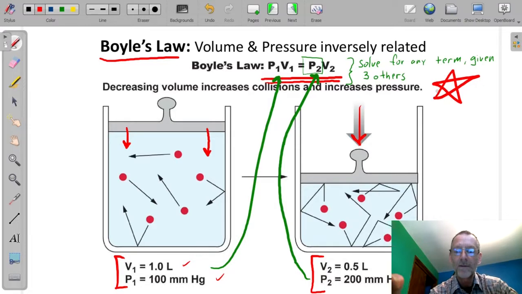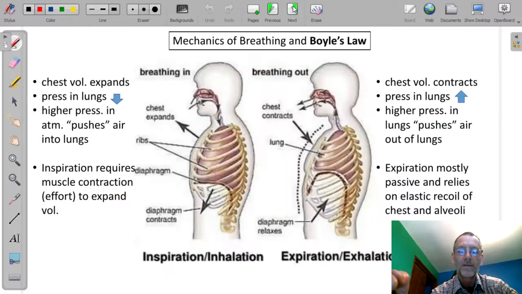The next slide applies Boyle's law of volume and pressure. There are 2 figures. The one on the left is breathing in, and the one on the right is breathing out. So let's work through these together one at a time. During inhalation, or breathing in, you're relating volume to pressure.